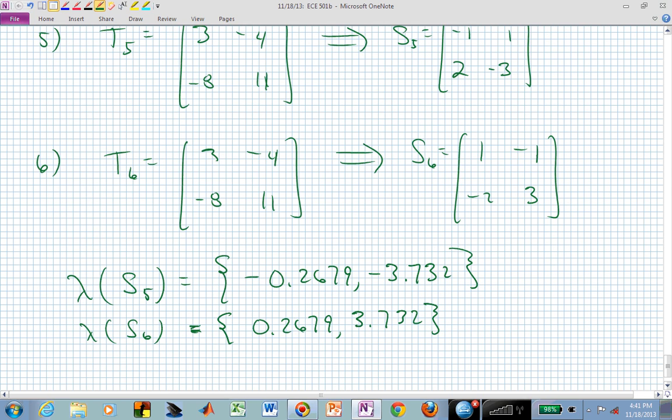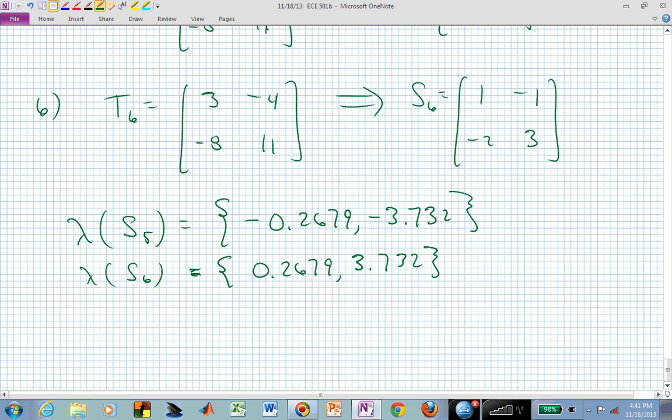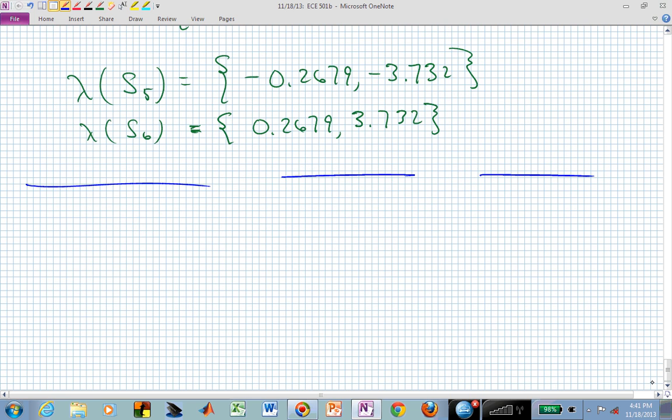So now let's look at some positive matrices. There's some examples of matrices and square roots of matrices. Let's now look at potential matrices and see if they are or are not positive.